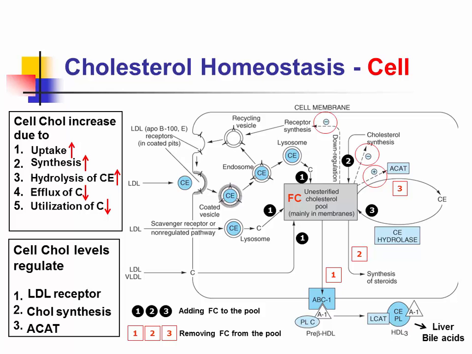So if the liver cannot pick up a lot of LDL, then you raise the LDL level in the circulation, and LDL will be picked up by the scavenger receptors in the peripheral tissues, including macrophages. So if macrophages pick up a lot of cholesterol from the circulation and then become foam cells, they develop atherosclerosis, right?